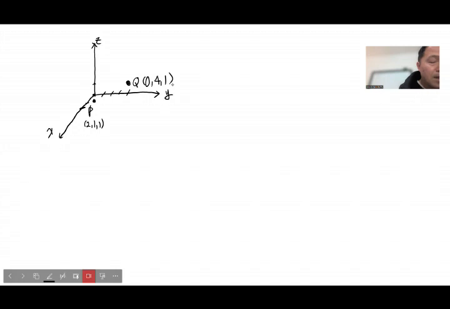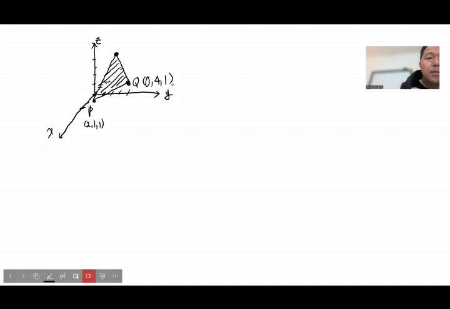And the last point is minus 2 in x, 1 in y, right there, and 4 in z, right there. So that should be somewhere here. So if you connect all 3 points with straight lines, then your plane should be like this.